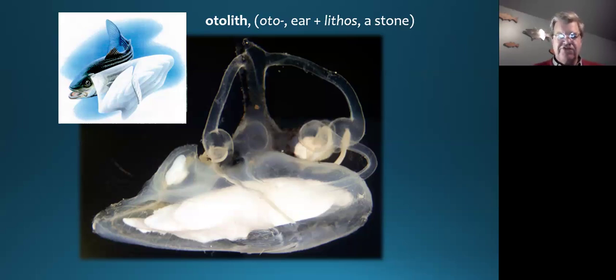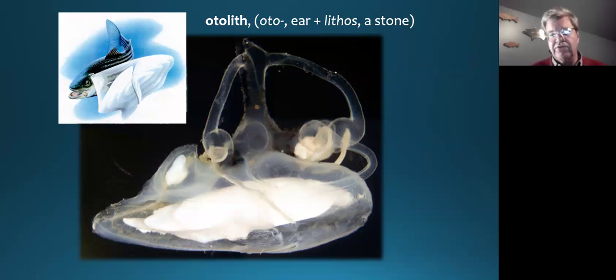That's the whitish tissue there, and they surround three otoliths, and there are two labyrinth structures, one on either side of the head. The largest otolith is the one that I'm mostly going to be talking about. That's called the sagitta. And these otoliths are located in the basal part of the neurocranium of fishes.